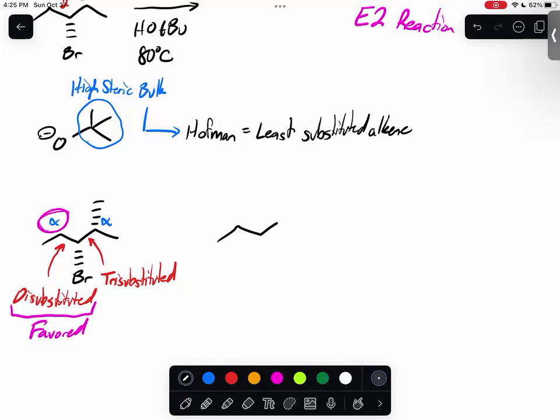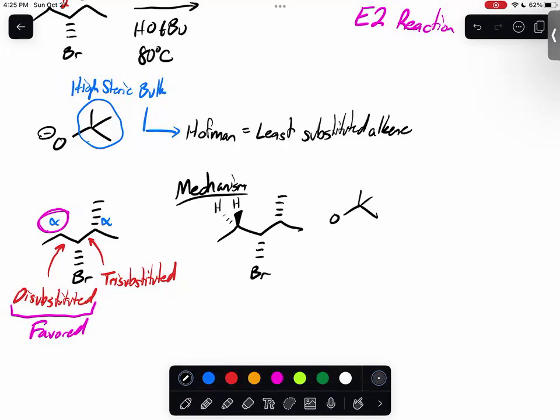So if we want to look at the mechanism of this reaction, right, we have our bromine here. It's on a dash. Our hydrogen needs to be anti to it. There is one hydrogen on a wedge and one hydrogen on a dash right here. And we know that the one on the wedge is going to be 180 degrees from the dashed bromine.